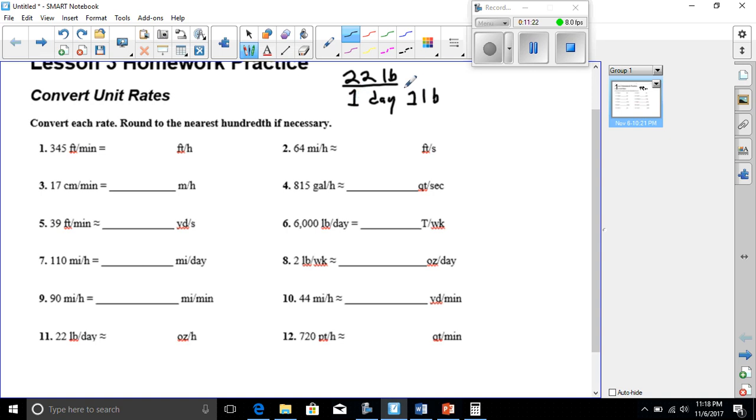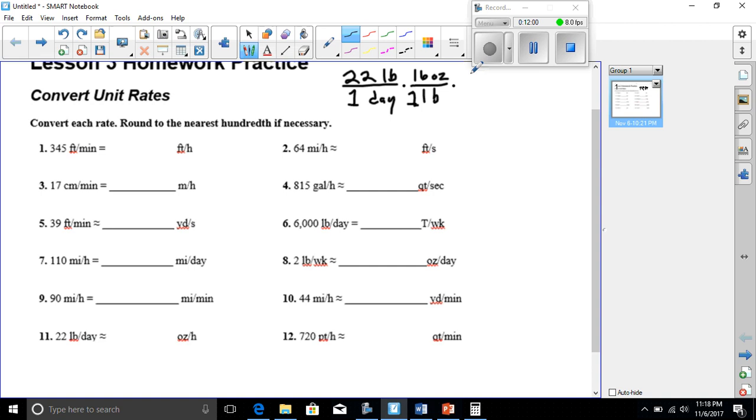And we're going to go ahead and multiply 1 pound. And how many ounces are in a pound? Well, there's 16 ounces in 1 pound. And then we have to multiply this time, which we want in hours now, day. We have day down here, so we want to get rid of day and turn it into hours.